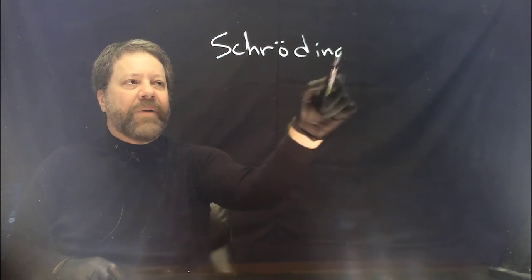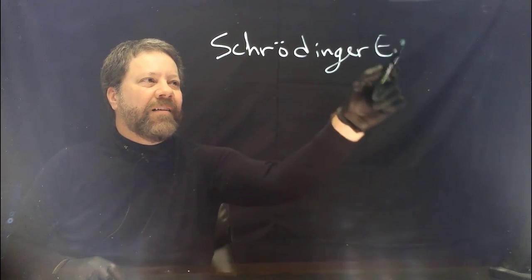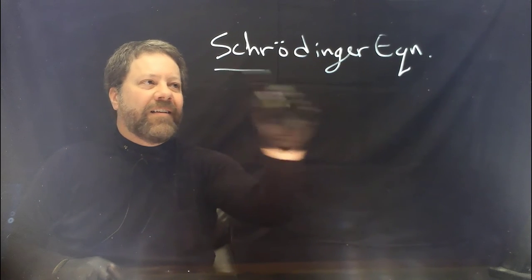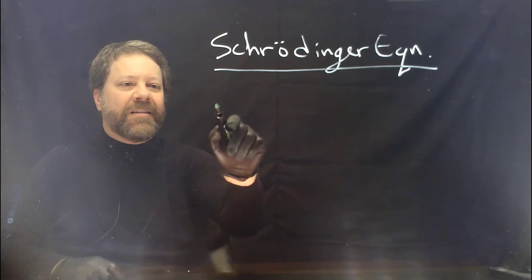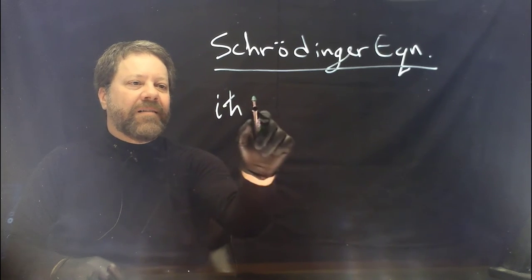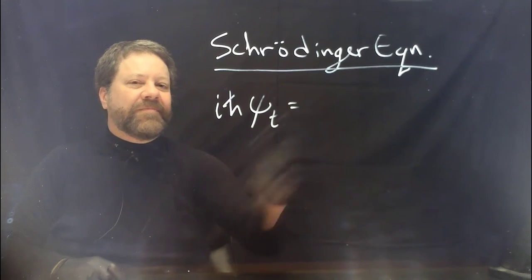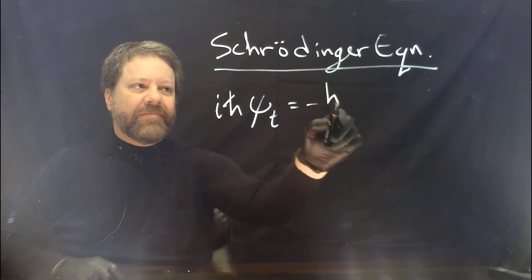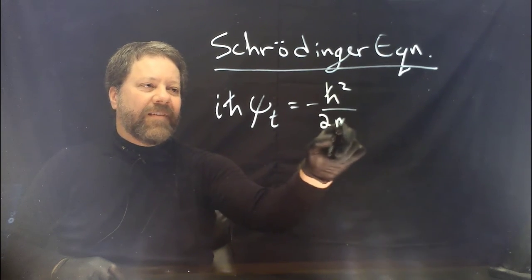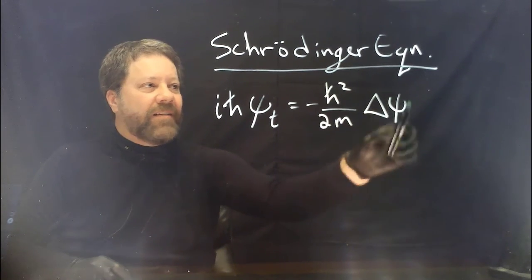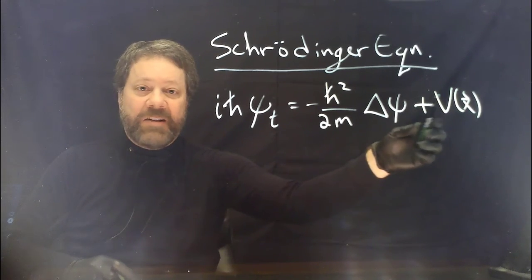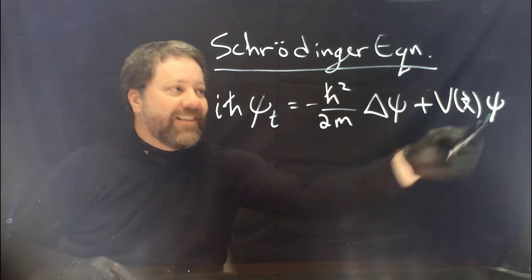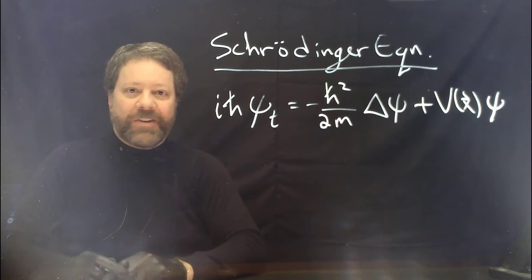The Schrodinger equation also has some interesting features. We'll have some potential, which will typically depend upon the spatial coordinates, times our wave function as well.